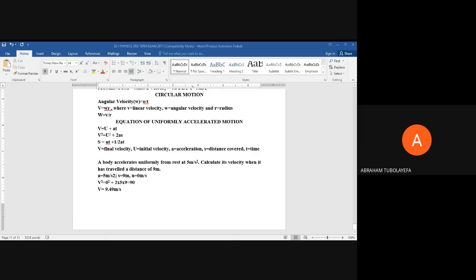What are the types of mechanical energy we have? What are the two types? Alfred, tell me. Kinetic and potential energy. So when a body is moving, what kind of energy does it possess?